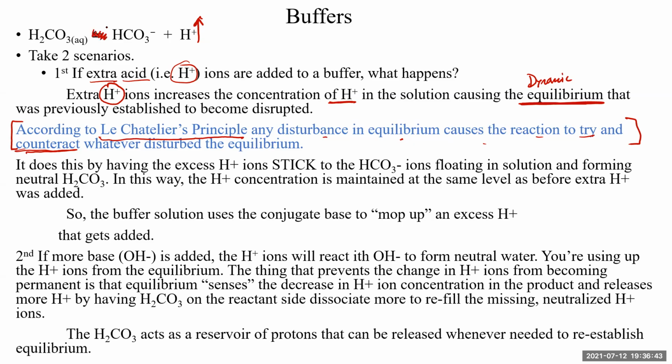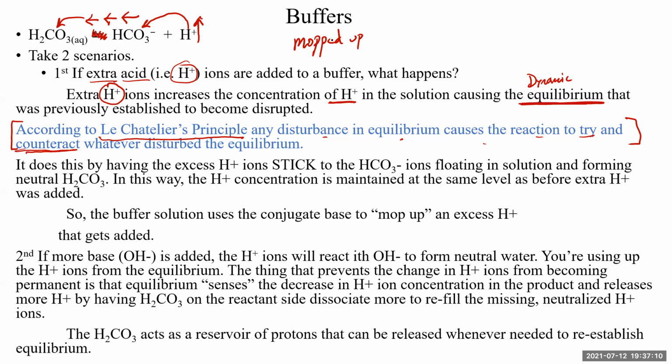Instead of being back and forth, there's going to be a net reaction in hyperdrive going toward the left, meaning the extra hydrogen is going to combine with bicarbonate to reform H2CO3, complete molecule H2CO3. So the extra hydrogen ions are essentially mopped up.